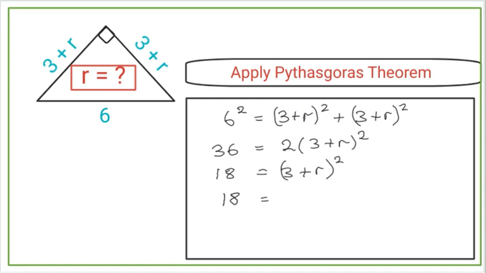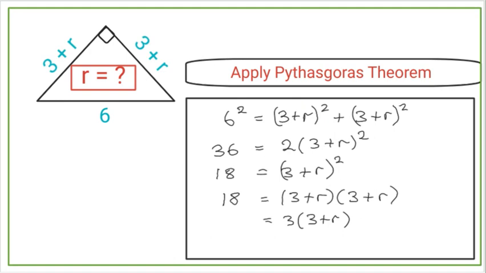Okay, there's no change. So when we square it out, we can multiply 3 plus r by 3 plus r. And then we can split the brackets. So we're going to get 3 by 3 plus r. So that would be this first element multiplied by the second bracket, and distribute the r as well.